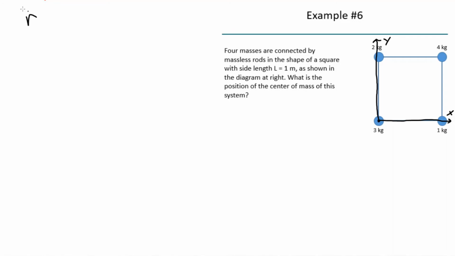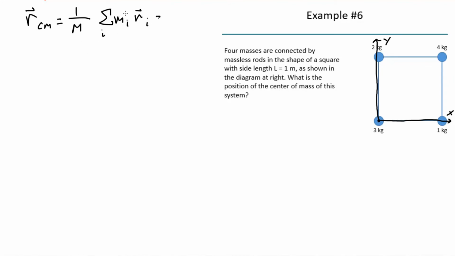Remember, there's a quantity r center of mass, which equals 1 over m, the total mass of the system, times the sum over i of the little m_i r_i.